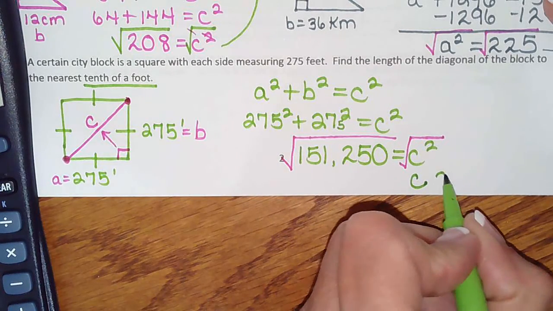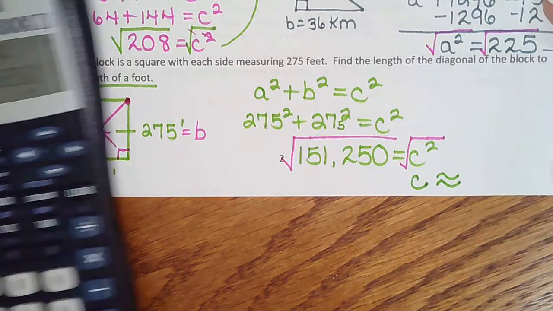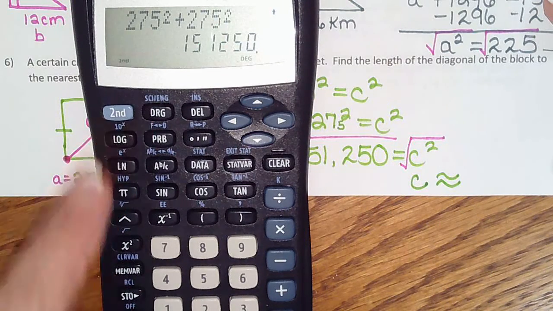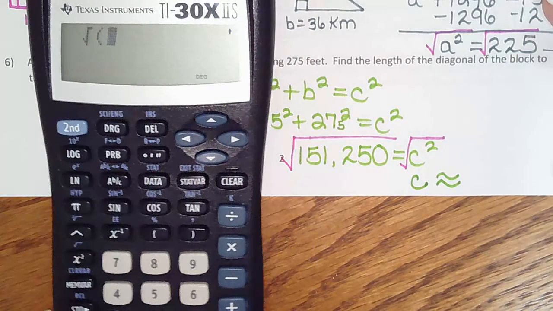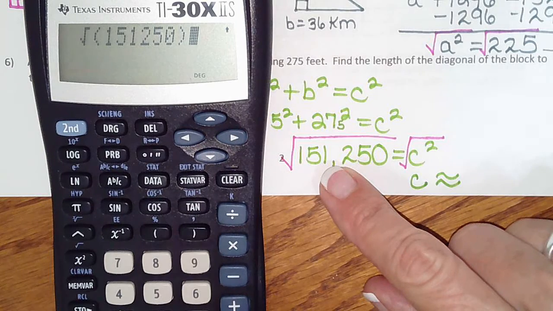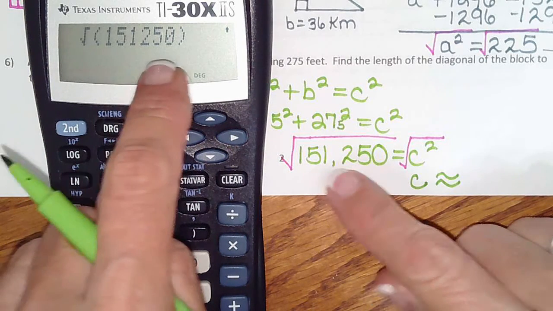So I'm going to put my approximate symbols in. And so now I'm going to do second square root. Oops, don't want to get too high. 151,250. Close your parentheses.